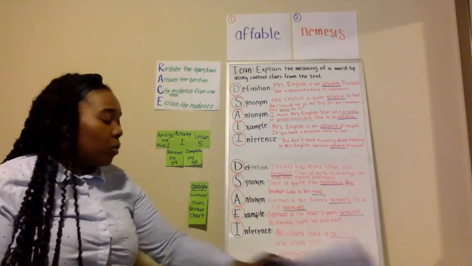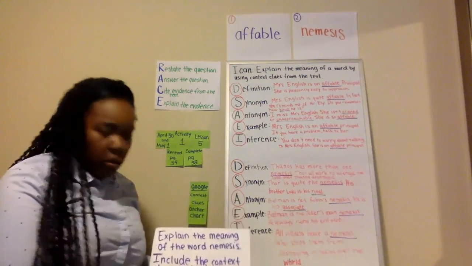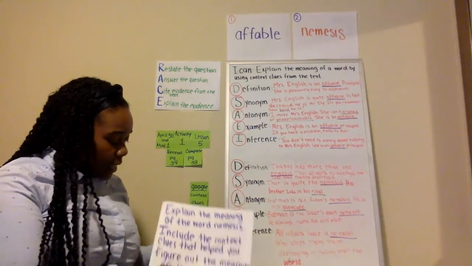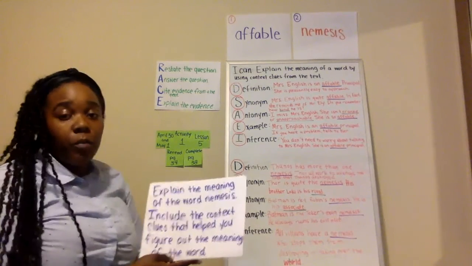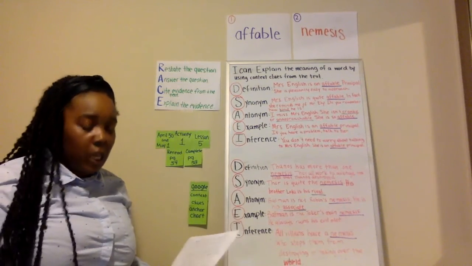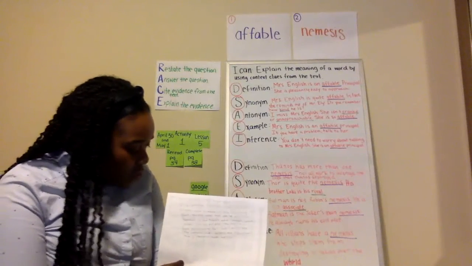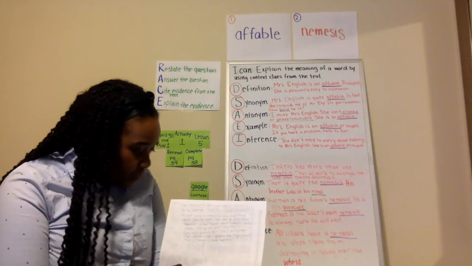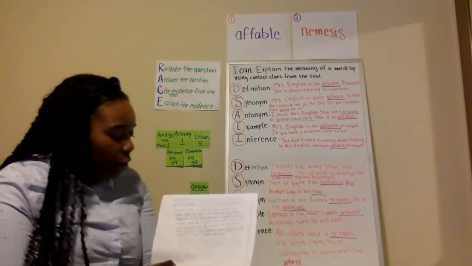Okay, so my question is explain the meaning of the word nemesis. Include the context clues that help you figure out the meaning of the word. Okay, so first I want to start by restating and answering my question. The meaning of the word nemesis is to avenge. Okay, so avenge means to come to the rescue, to fight for or against something.